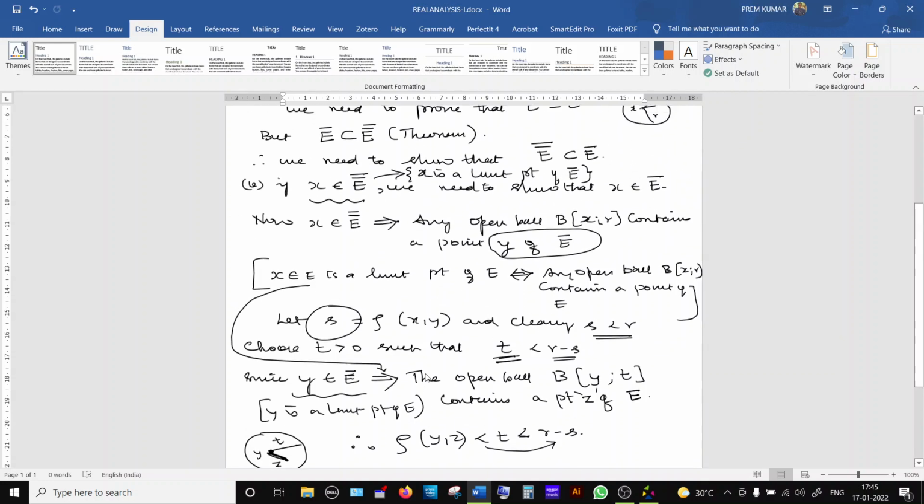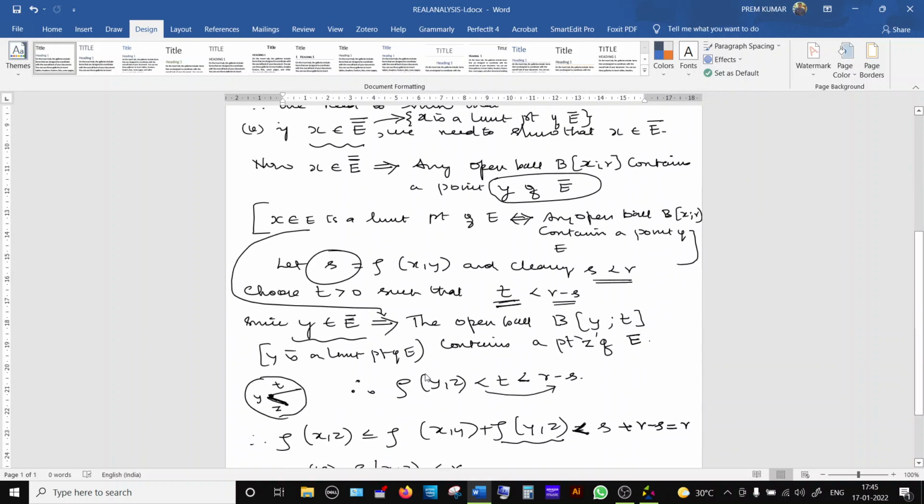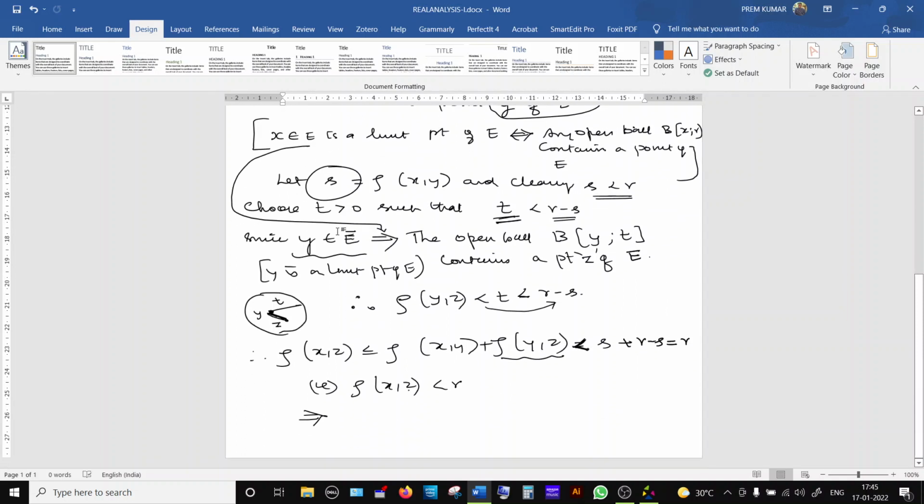Whenever the distance between X and any other element is, just a second, yes, see here, this S is less than R. So this is the open ball we are going to concentrate on now. From this open ball you have to see that the distance between the center of this open ball, that is X, and some other variable is less than R. So what can you tell about this?